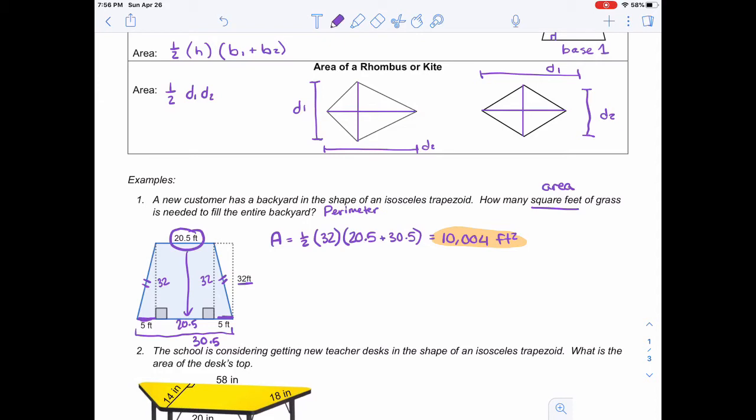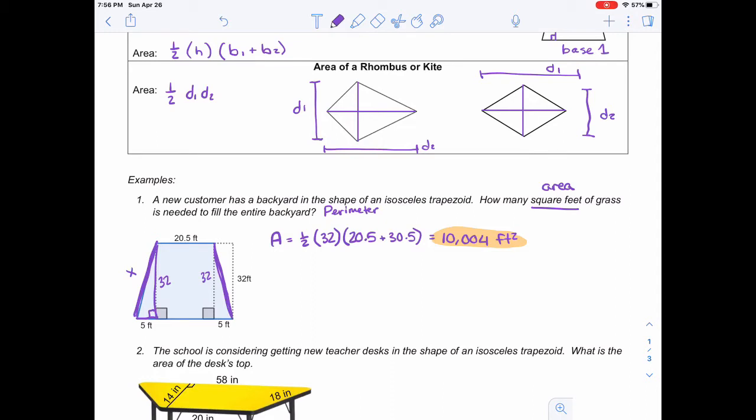Okay. Now for our perimeter, we have our two base lengths that we just used in our area, but we need to make sure to find those two congruent side lengths, the part that makes this an isosceles trapezoid. So we're looking for these two diagonal lengths. And again, remember, we have right triangles technically inside of this trapezoid. So all we need to do to find these lengths is use our Pythag.